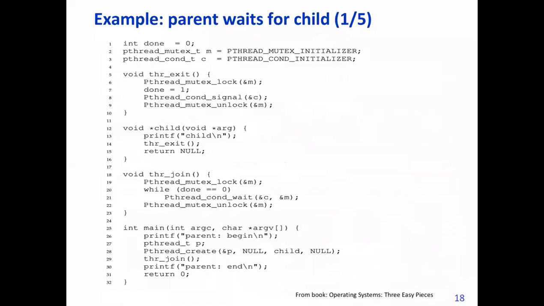How does it look? It's simple. Again, we are not going to get into details. If you want details, then you'll have to read about the pthread calls in detail. So for example, there is PTHREAD_MUTEX_INITIALIZER and PTHREAD_COND_INITIALIZER, which is nothing but a macro.